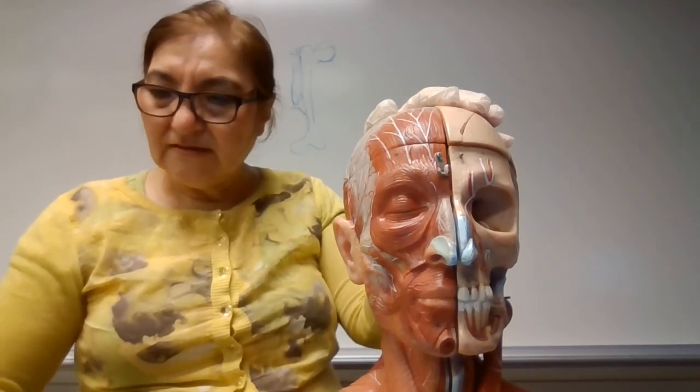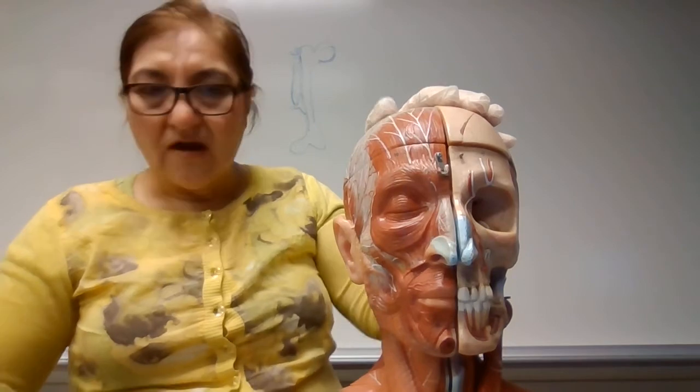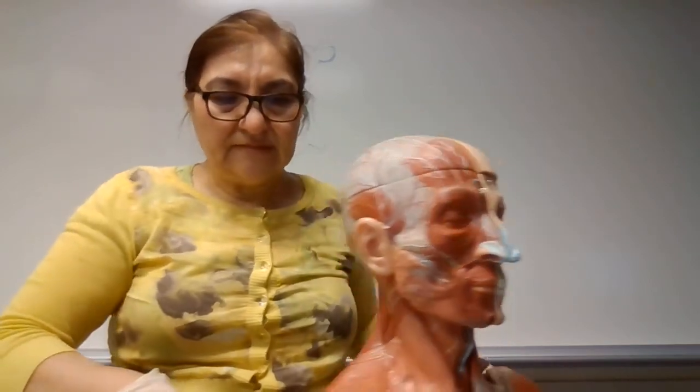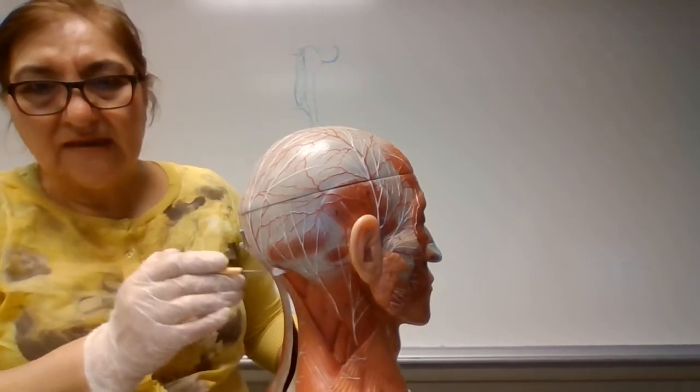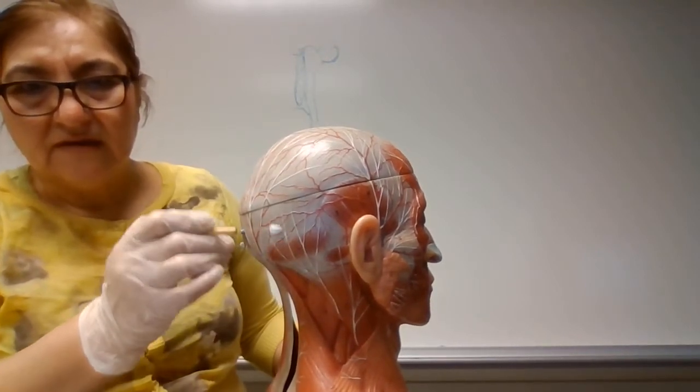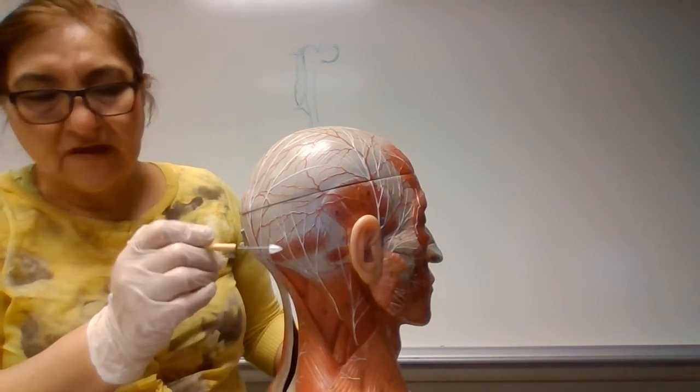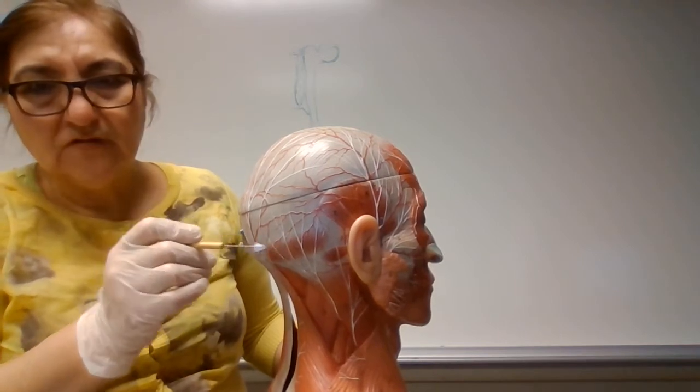Let's talk about the second muscle, occipitalis. This is the occipitalis, a rectangular muscle. The origin is the superior nuchal line.